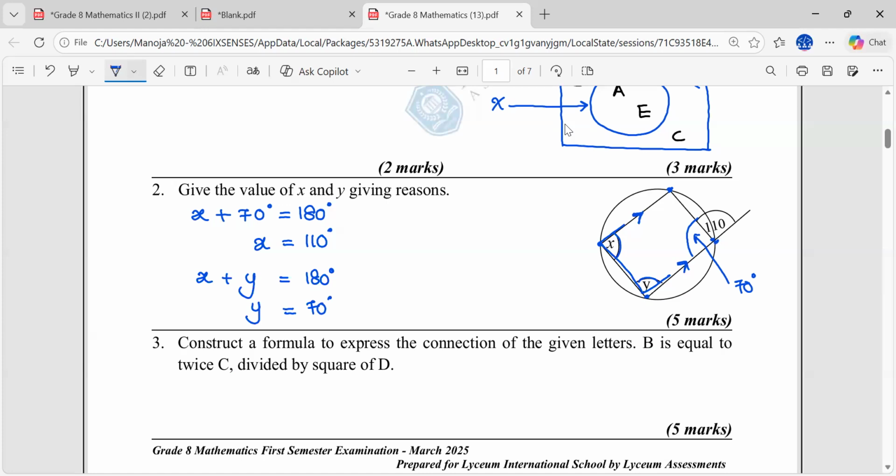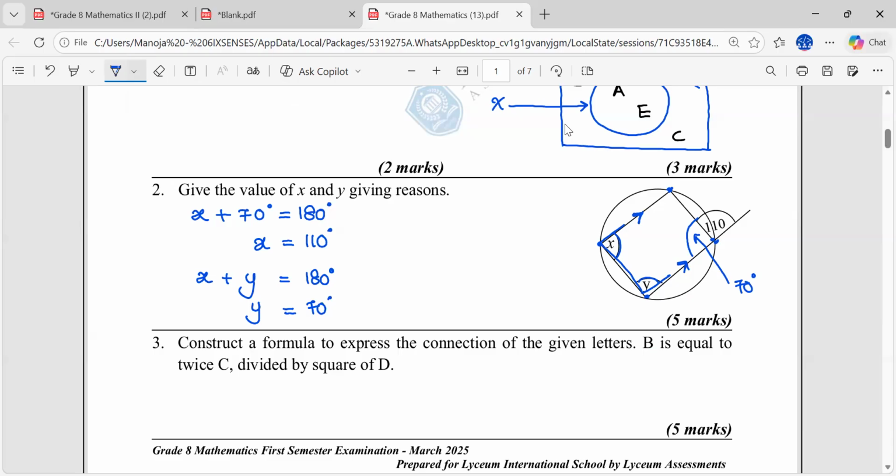If that is 70, x will be 110 because the opposite angles of a cyclic quadrilateral add up to 180. If x is 110, y will be 70 because x and y, the interior angles, add up to 180, right? So you want to write the reasons and get the answer.